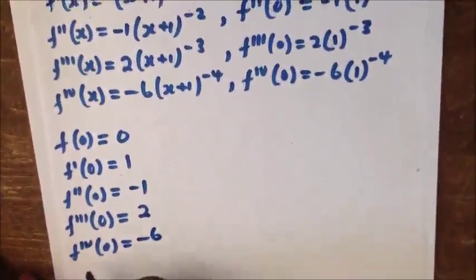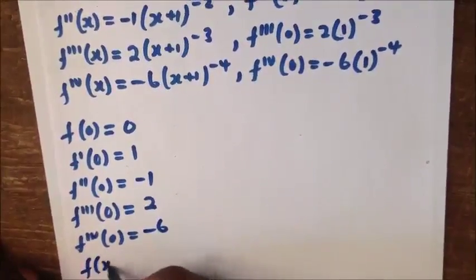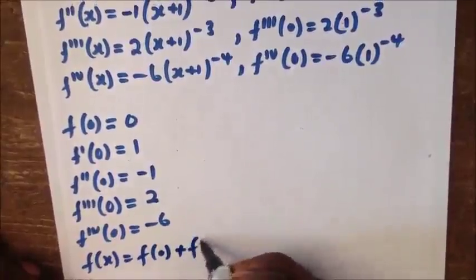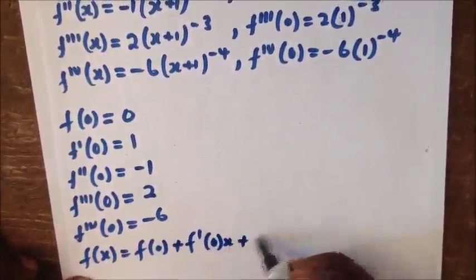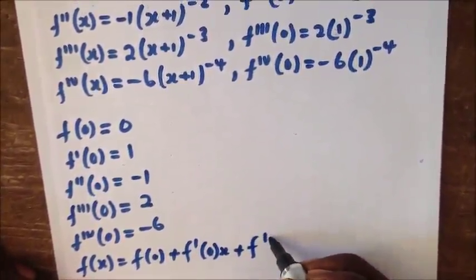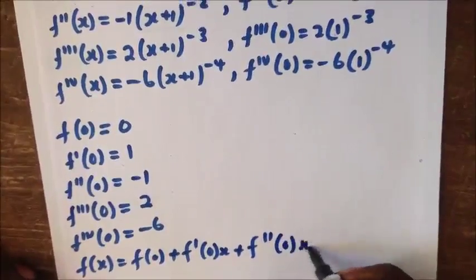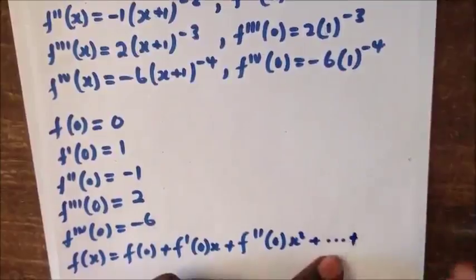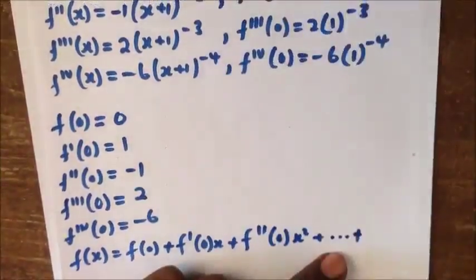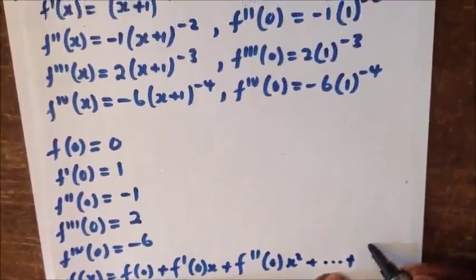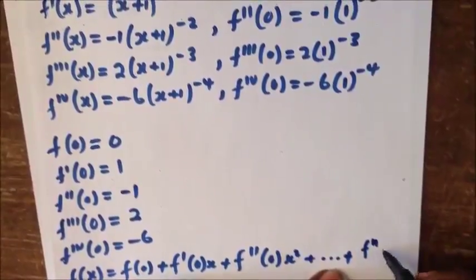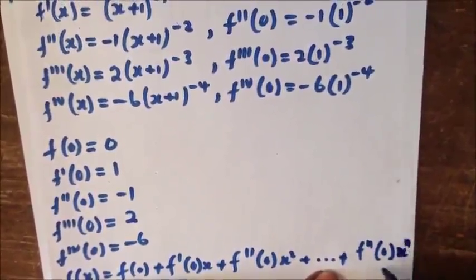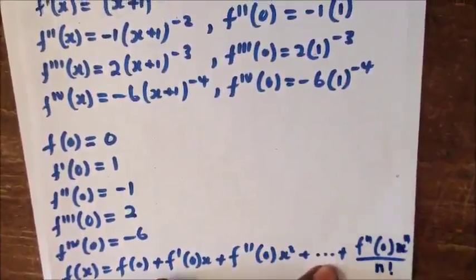Then from the formula, remember, f of x is equal to f of 0 plus f prime of 0 times x plus f double prime of 0 times x squared plus up to infinity. But in this case, we are asked to stop at the 4th derivative, so the general term is f to the n of 0, x to the power of n divided by n factorial.